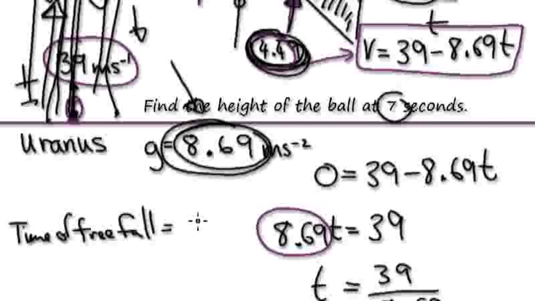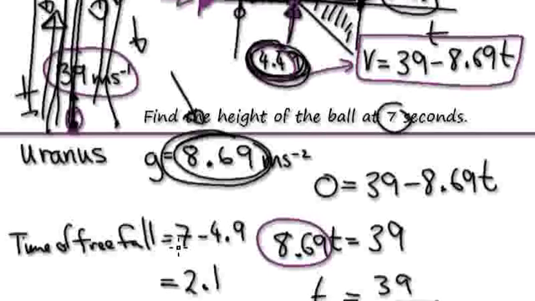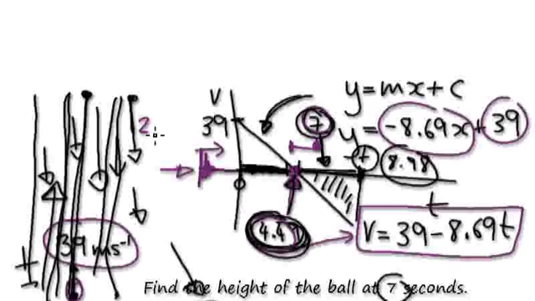So time of free fall equals 7 take away 4.9. Okay, so that will be 2.1. So the time of free fall will be 2.1 seconds. So it will free fall for 2.1 seconds.